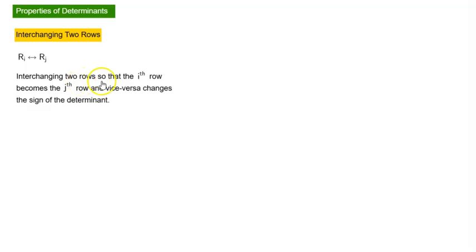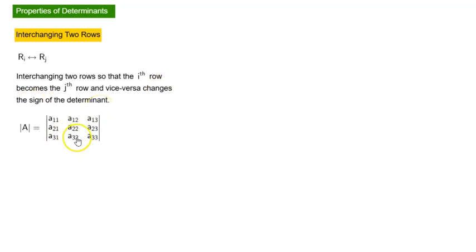Let's look at what happens to the determinant if we interchange two rows. The way we write that is Ri interchanged with Rj. Interchanging two rows, so that the ith row becomes the jth row and vice versa, changes the sign of the determinant.